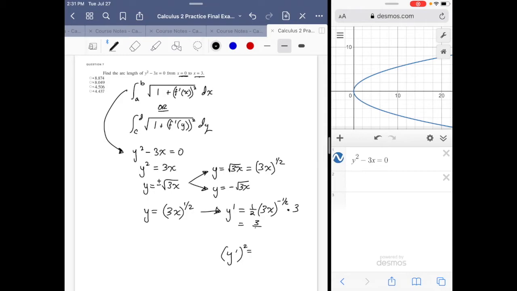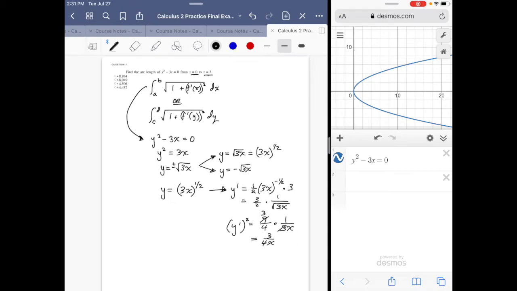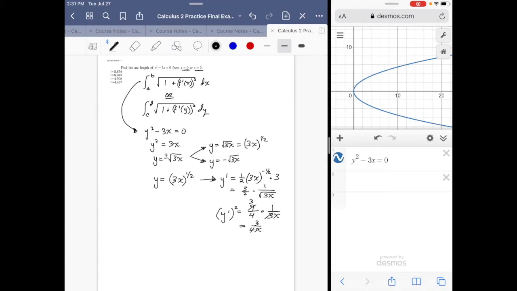So this is 3/2 times 1 over the square root of 3x. So when you square it, it's going to give you a 9/4 times 1 over 3x. Instead of having the radical there, it's just a clean 3x. So 3 goes into 9 3 times, so 3 over 4x. Just makes it a little bit neater.